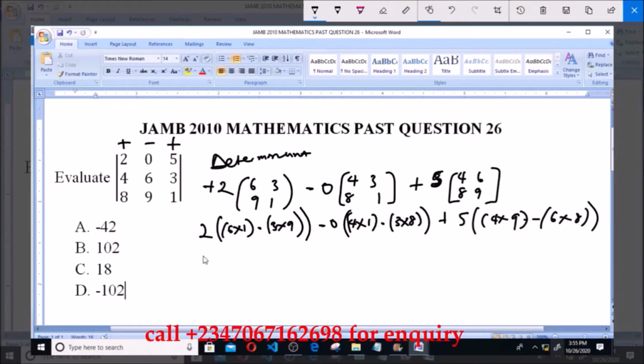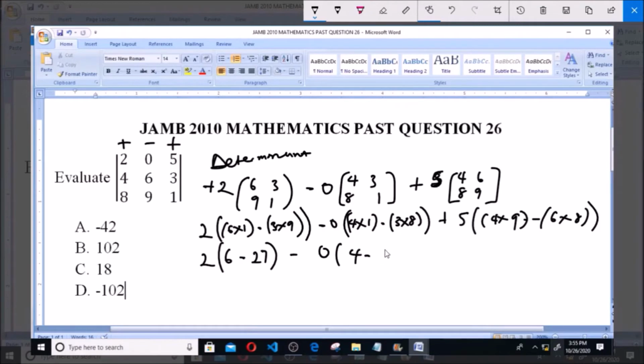Now from this we have 2 into 6 minus 27 minus 0 into 4 minus 24 plus 5 into 36 minus 48.